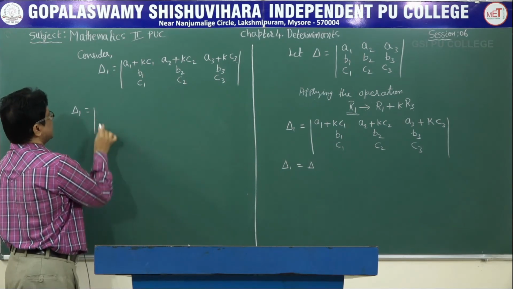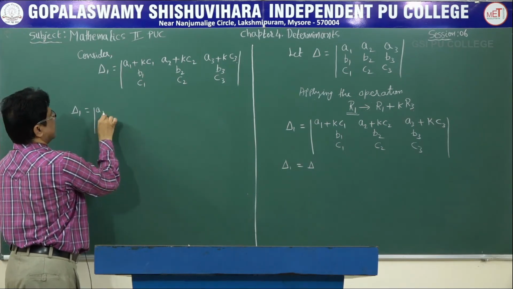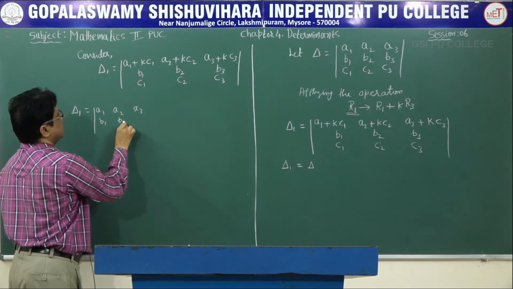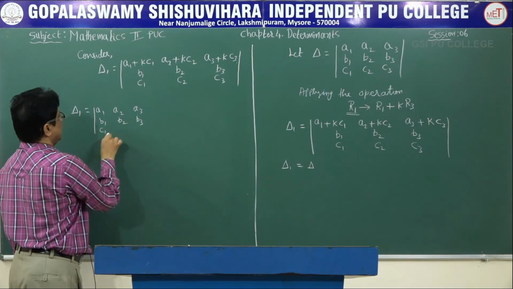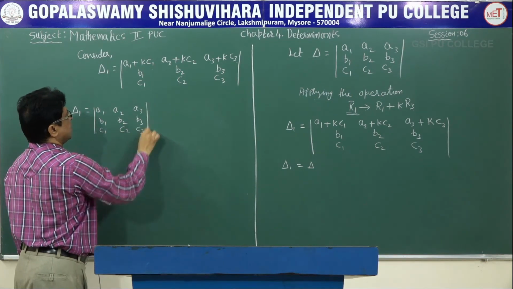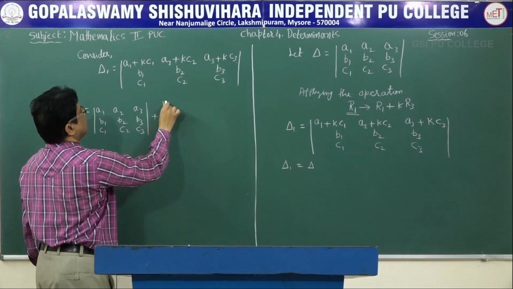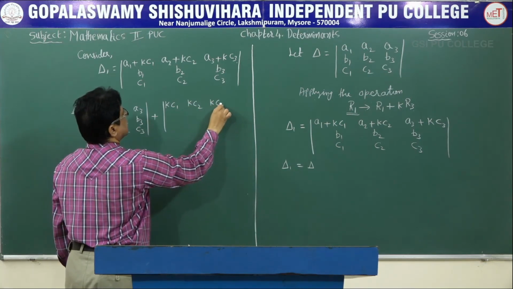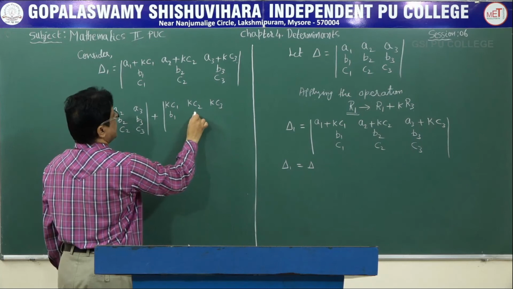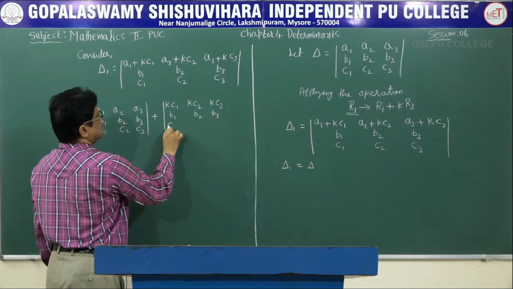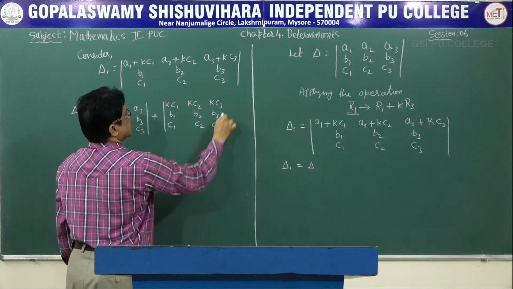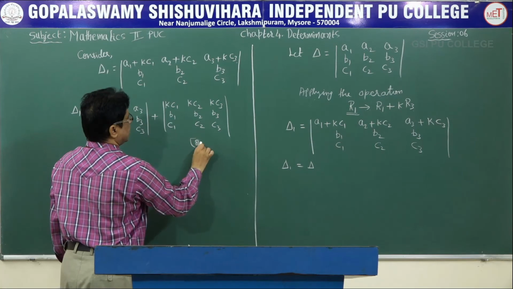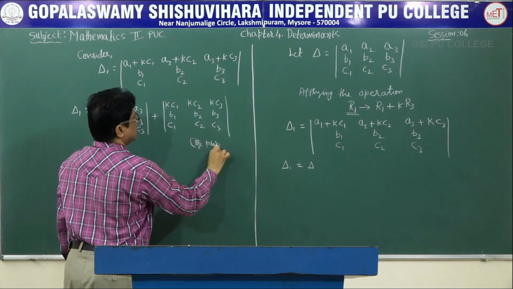So this can be written as delta 1 equals the determinant of a1, a2, a3, b1, b2, b3, c1, c2, c3 plus the determinant of K c1, K c2, K c3, b1, b2, b3, c1, c2, c3. So this is by property 5.